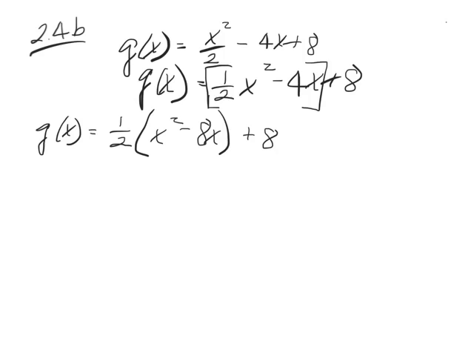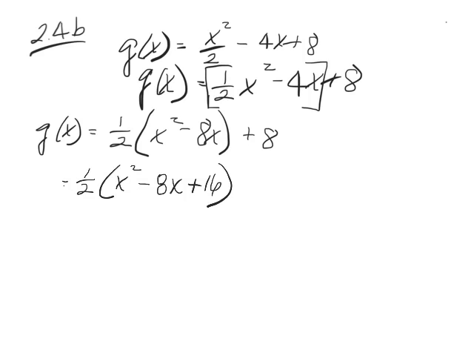All right, at this point, we're going to look at what we have in the parentheses and find a third term. I'm going to drag along that 1/2, and I've got x squared minus 8x, half of that squared, plus 16.